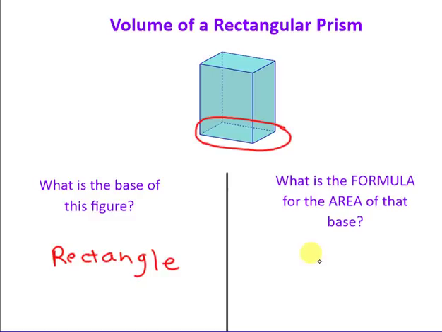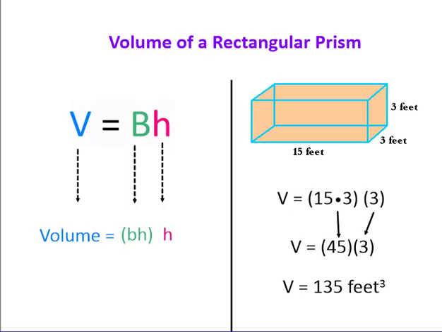Well, if we were just calculating the area of a rectangle, we would just do base times height, okay? So when we calculate the volume for a rectangular prism, we use V equals capital B times H, where the B stands for base times height of that base.